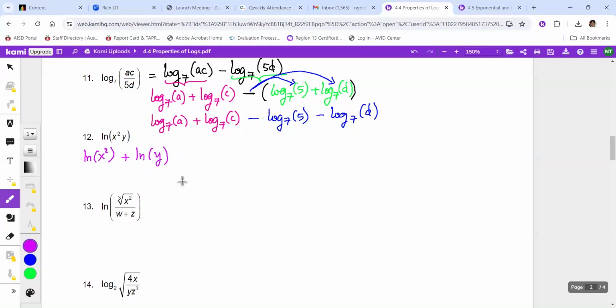So that was the first step. And then the next step, the natural log of x to the power 2, we're using the power property. So we bring the power, which is 2, in front of the natural log to become 2 times natural log of x. And then we copy the last term.